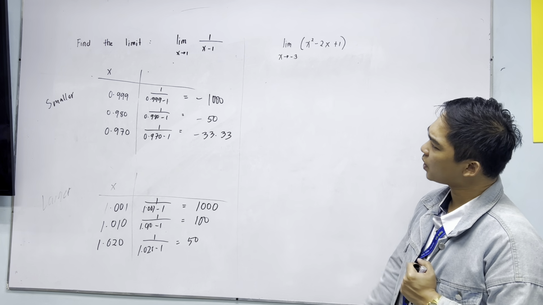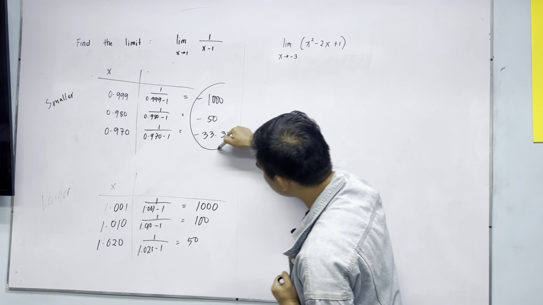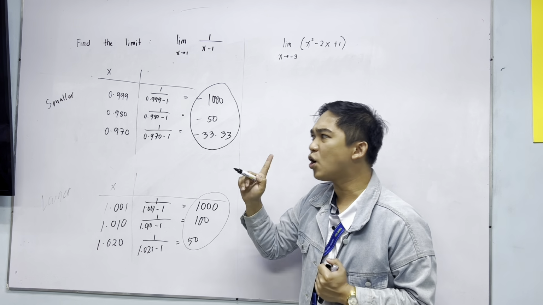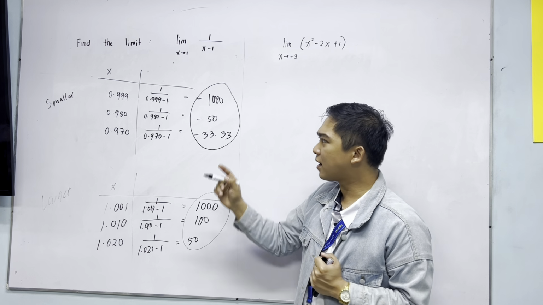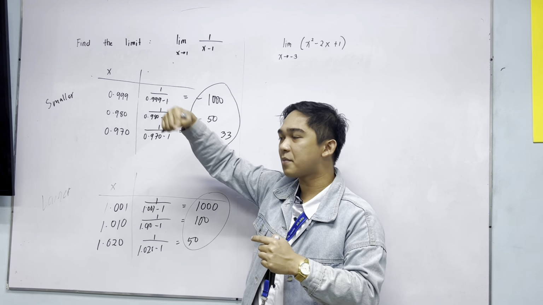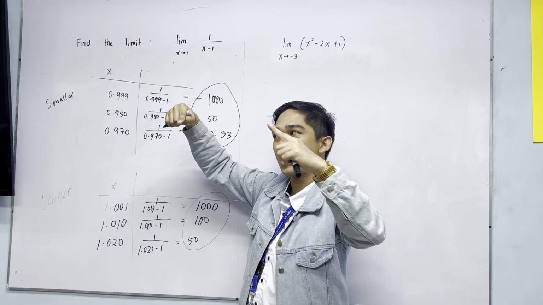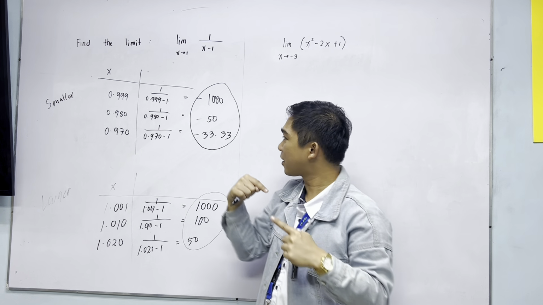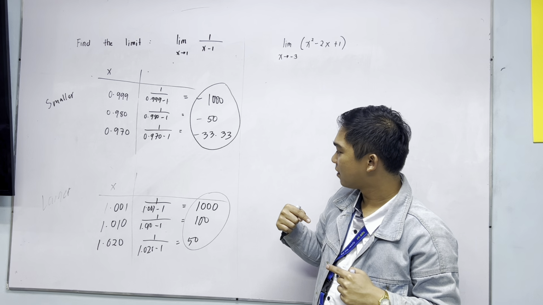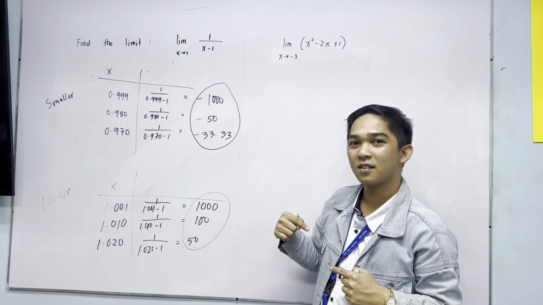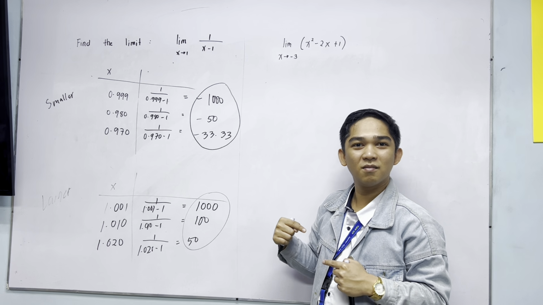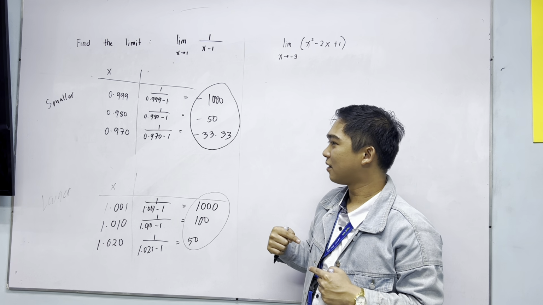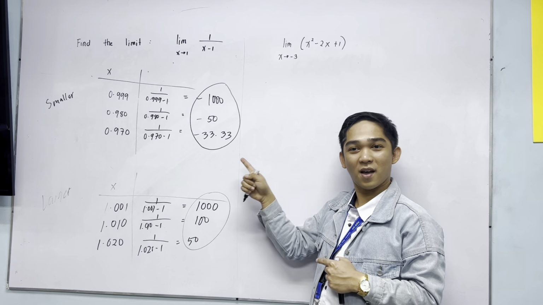Now, check our values. Ito daw yung mga value natin. Meron ba tayong only one number na kapag yung mga bigger or larger number at yung smaller number mag-a-approach sa iisang number? Meron ba? Pwede raw ba magkaiba ng size? Eh, nagkaiba ng sign ang lumabas.